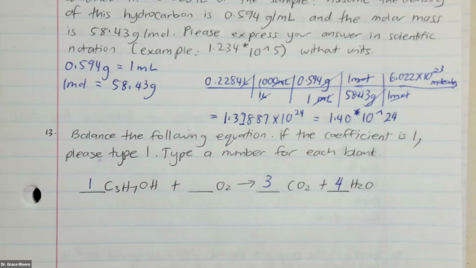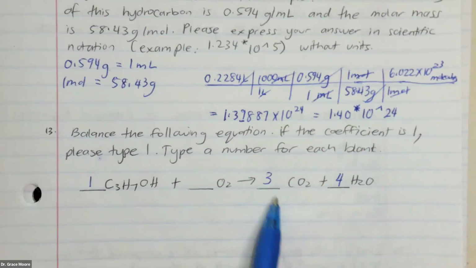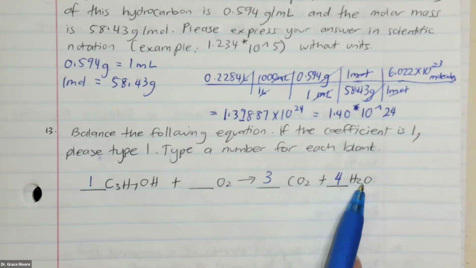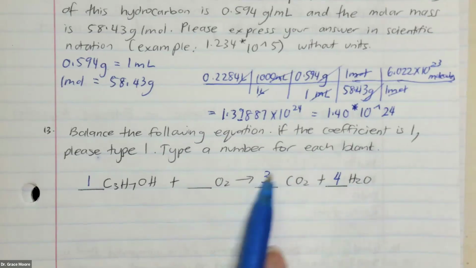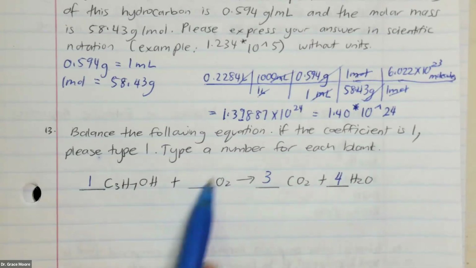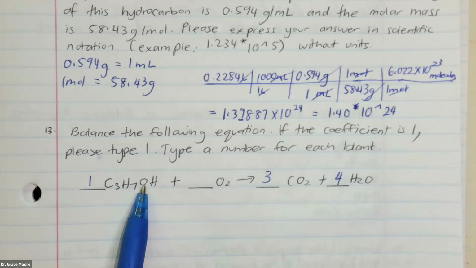The next thing I need to do is count how many oxygens I have. So that's 6 because it's 3 times 2. So 6 plus 4. Agree? So really I have 10 oxygen on one side. So I need to make sure I have 10 over here too. There's 1 over here, right? Okay, forget that one.